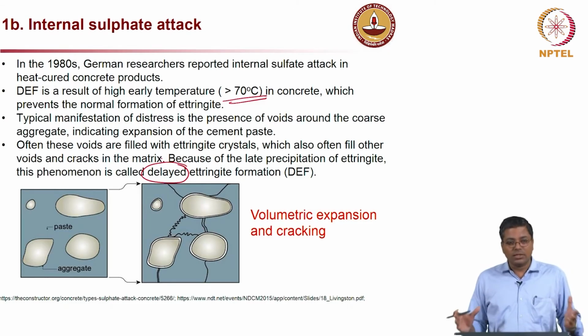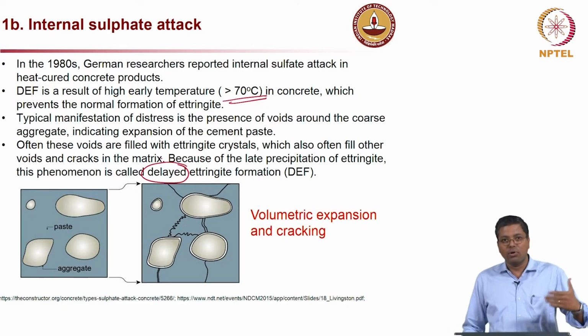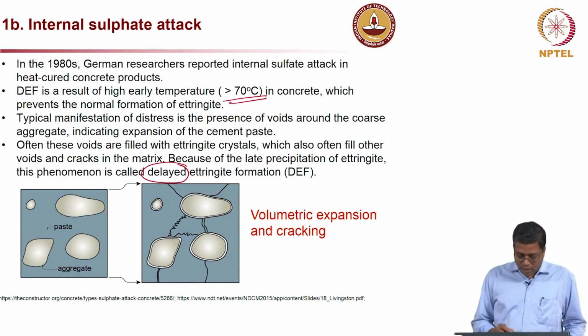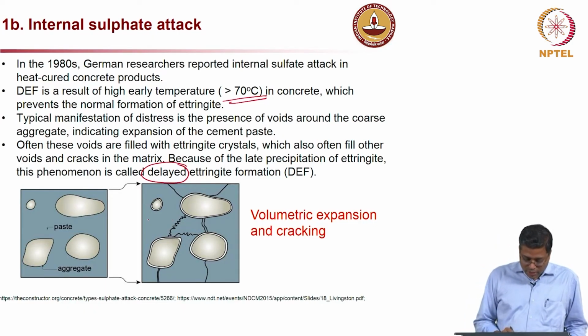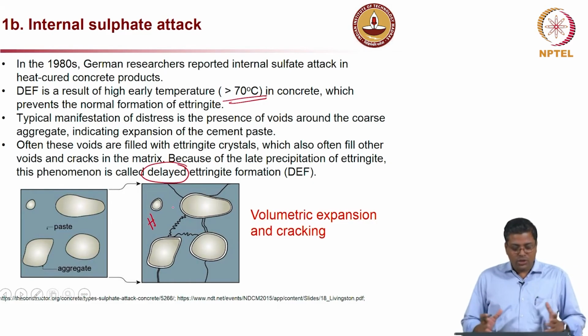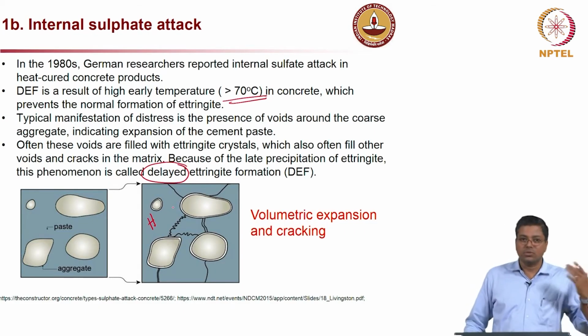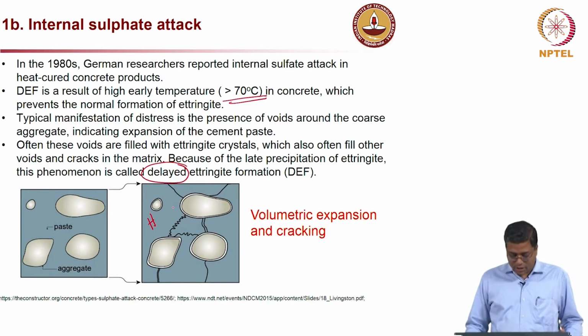Now, when it is happening at a later stage, this concrete is already hardened concrete, and there is no reserved space for this ettringite, because it was not reserved in the early stage.